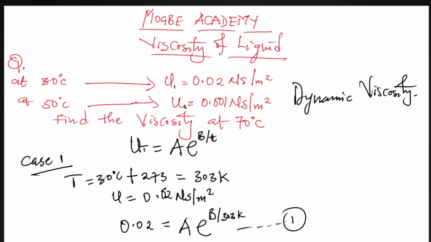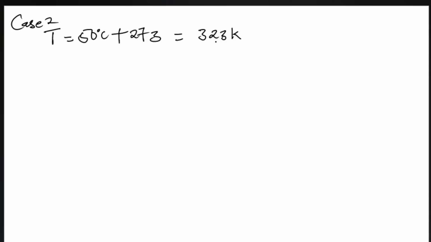Now let's take case 2. You were given the temperature in case 2 to be 50 degrees Celsius, right? You convert 50 degrees Celsius to Kelvin by adding 273, and that gives you 323 Kelvin. Confirm your values and drop them in the comment section as well.